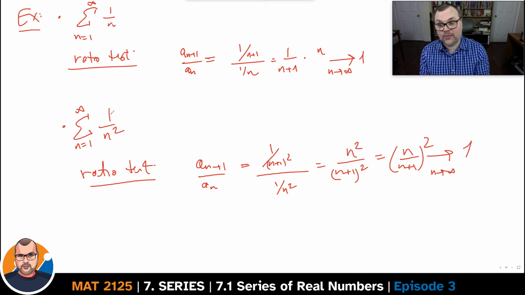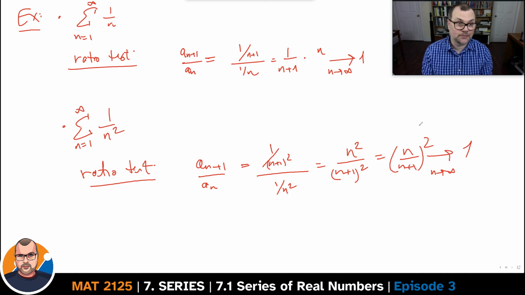But we know that this series converges by the comparison test. We've compared it to 1 over n times (n plus 1). So here I have two series where the ratio of successive terms goes to 1, and yet the first series diverges and the second series converges. And so when they go to 1, we don't know.